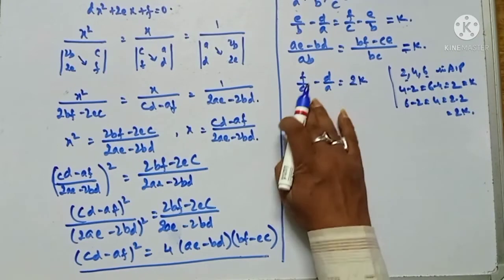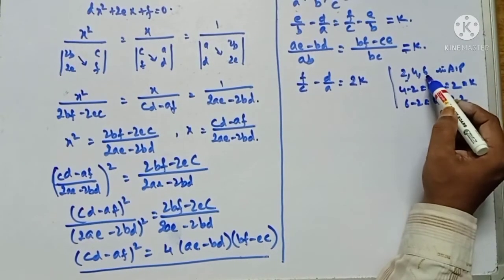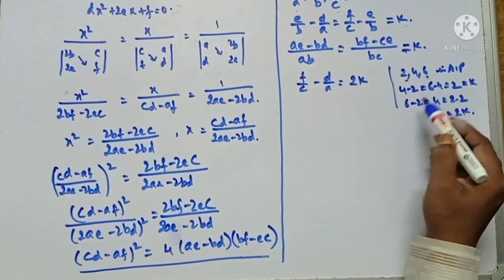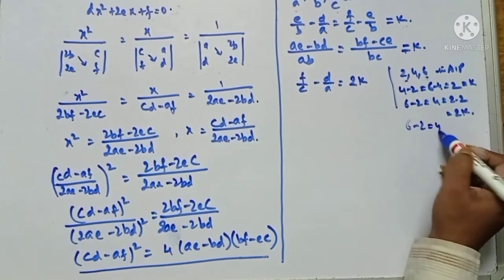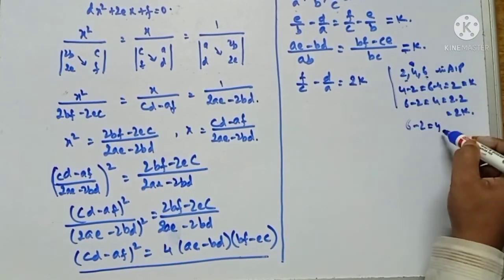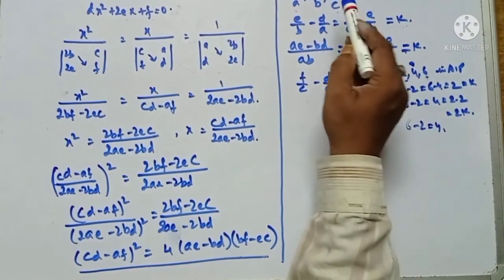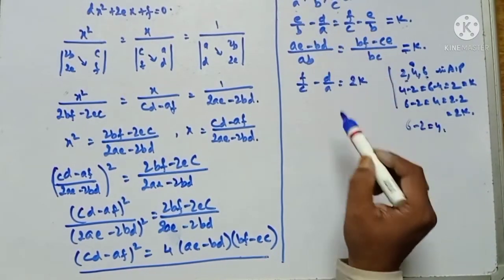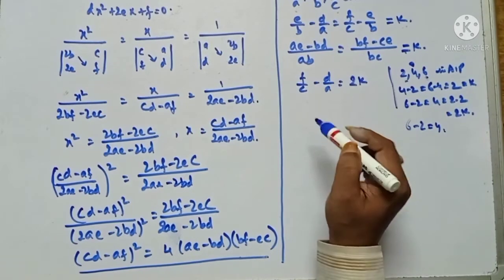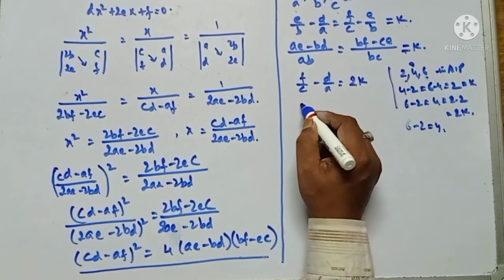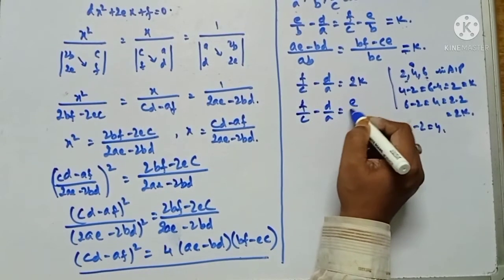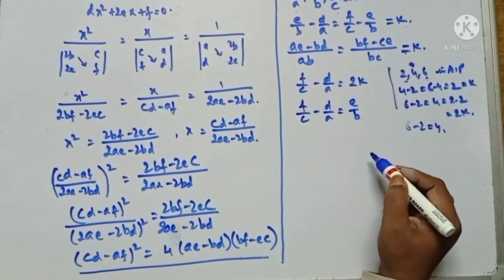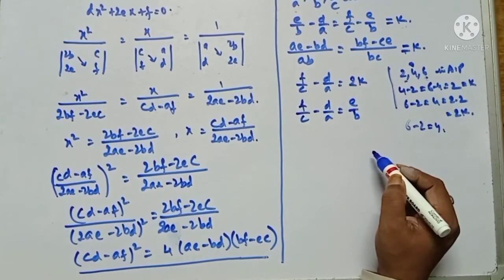Again here, one thing you can also see: the difference between this, 6 minus 2, is 4, and it is the middle term, 4. So the difference of the first and the last is also the middle term, that is f by c minus d by a is equal to e by b. This is the middle term.